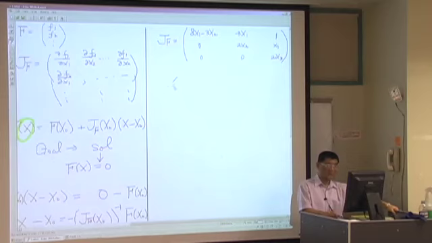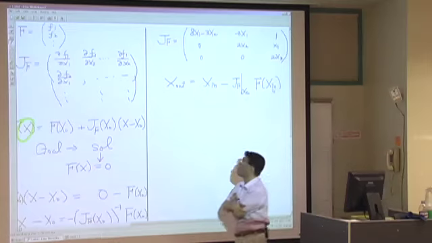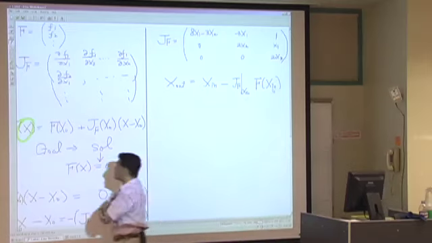X output equals X input minus the inverse of the Jacobian of F calculated at X input, matrix multiplied by F of X input, right? So this is the formula Newton found, right?